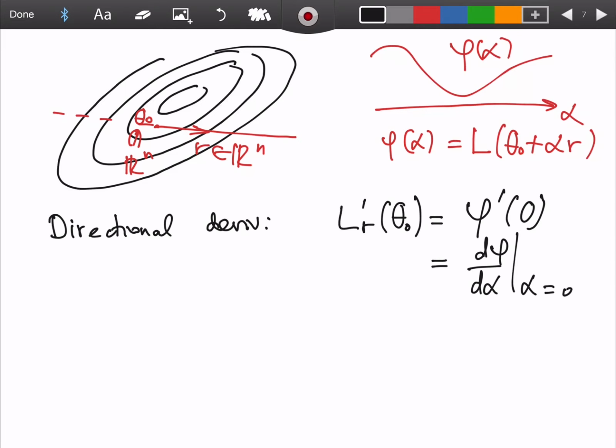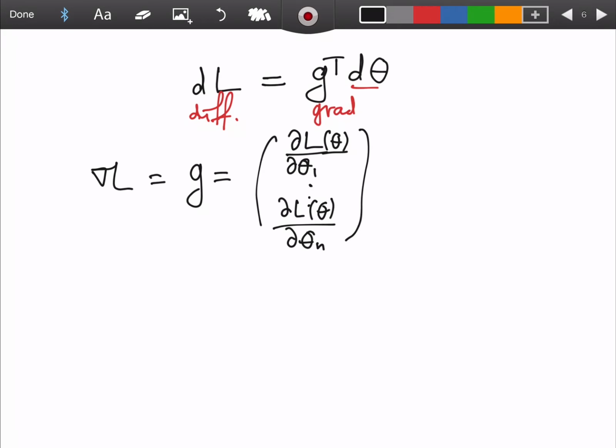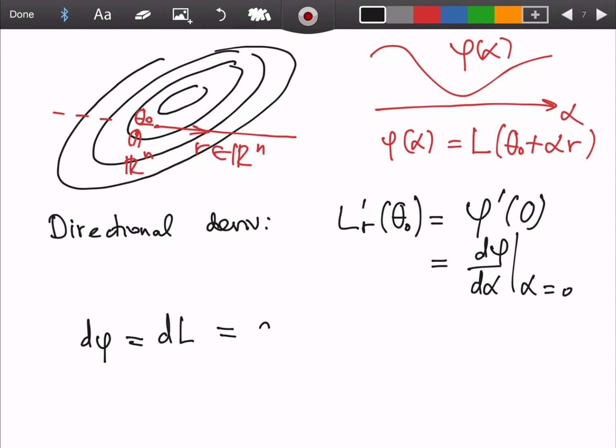And how do you express it in terms of the gradient? Let's see it directly from the definition. The differential d phi is exactly the differential of L, because phi and L are the same thing in our case. And we know how dl is expressed: by the gradient g at point theta 0 times d theta. And what is d theta? Let's translate it into d alpha.